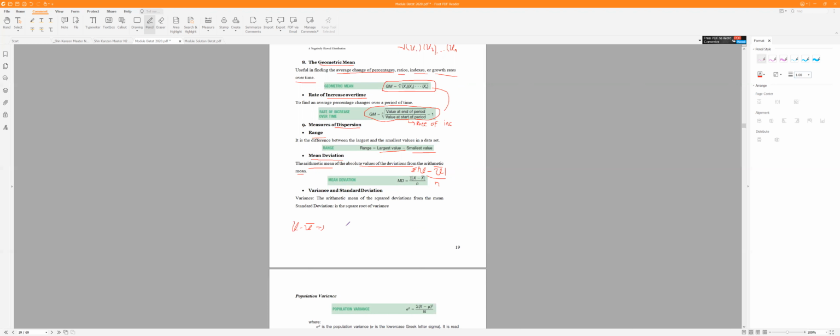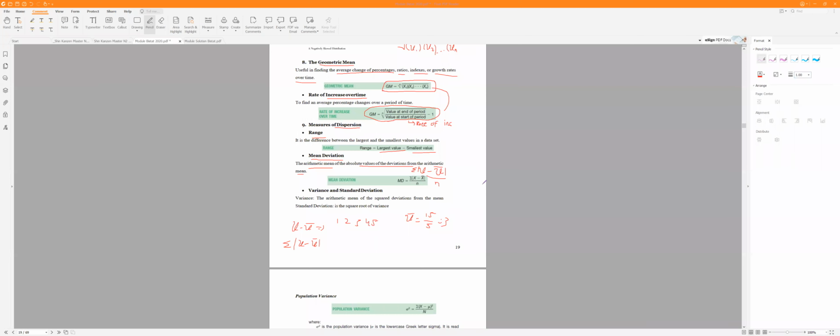So for example, there's a set of data 1, 2, 3, 4, 5. The mean should be 1 plus 2, which is 3, plus 3, so 15, divided by 5, this is 3. So how do we find the sum of x minus x bar? Right, wait a minute.